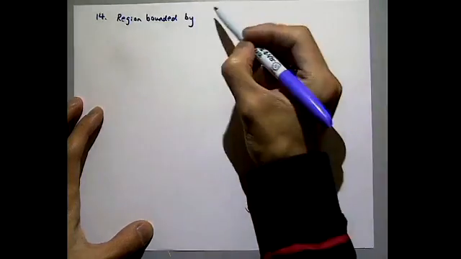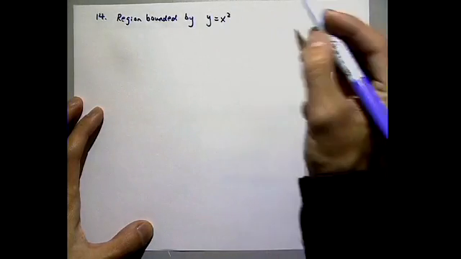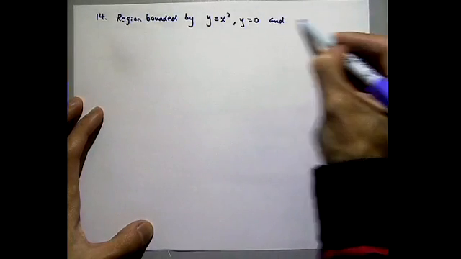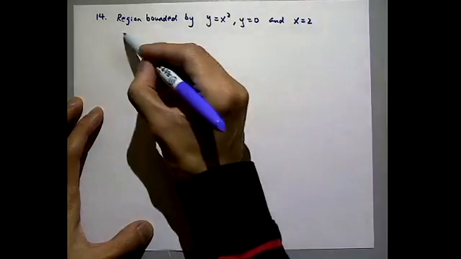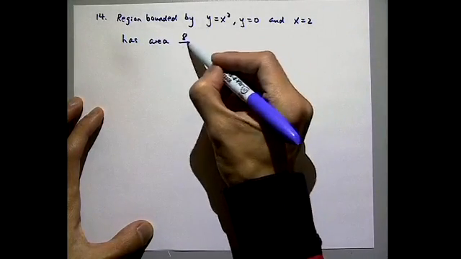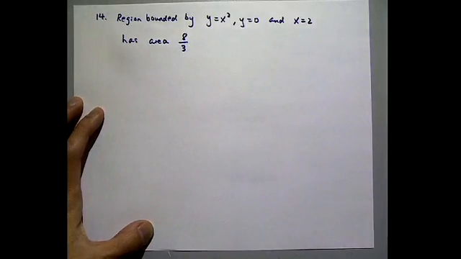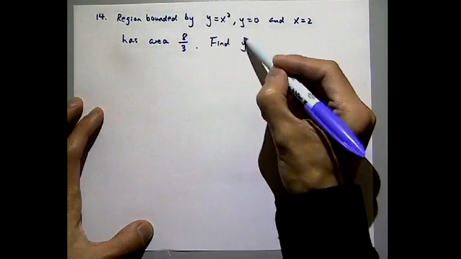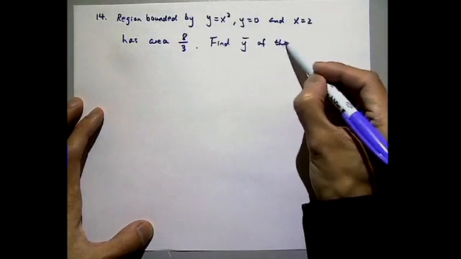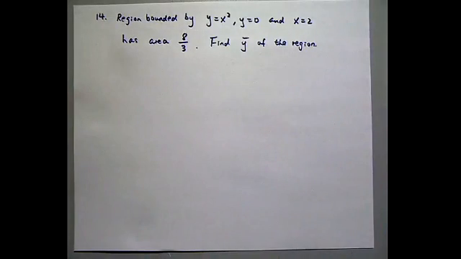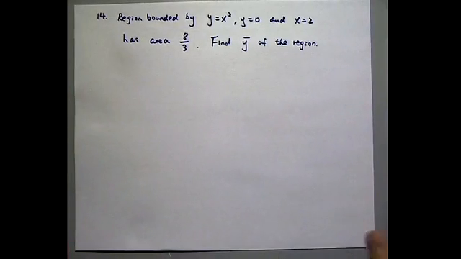The region bounded by y equal to x squared, y equal to 0, and x equal to 2 has area equal to 8 over 3. And we want to find the y-coordinate of the centroid of that region.